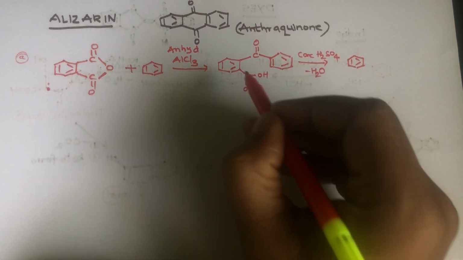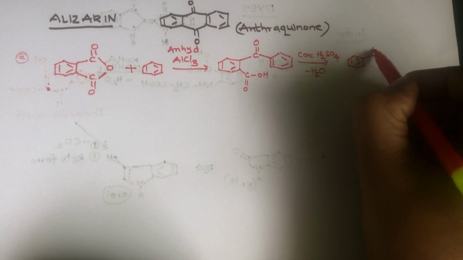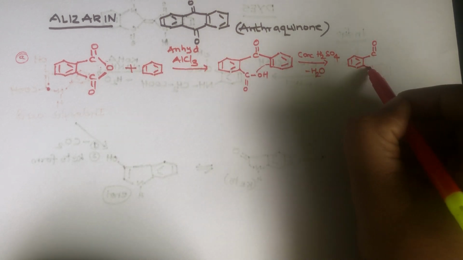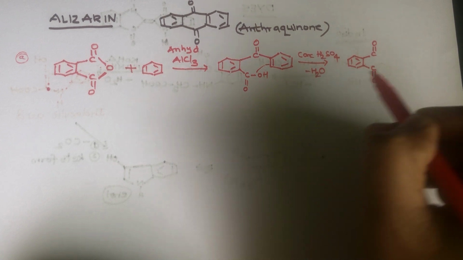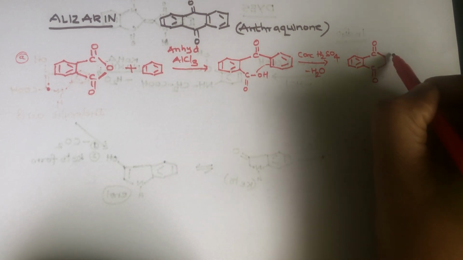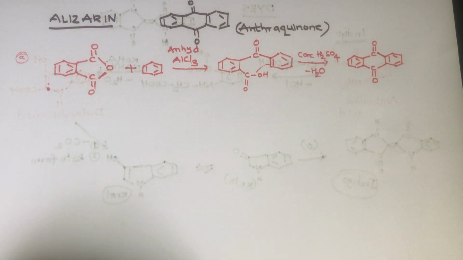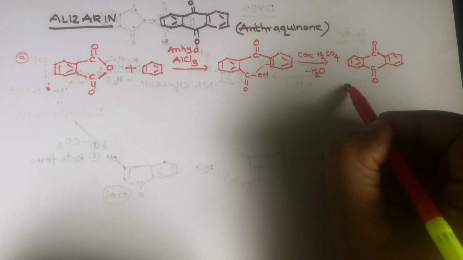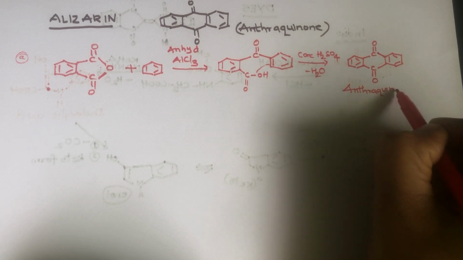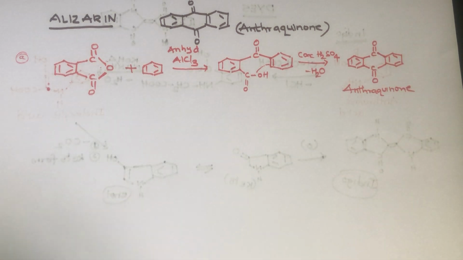Benzene ring as usual, C double bond O. This OH and H goes off, you get C double bond O. So the preparation of anthraquinone just involves 2 steps.